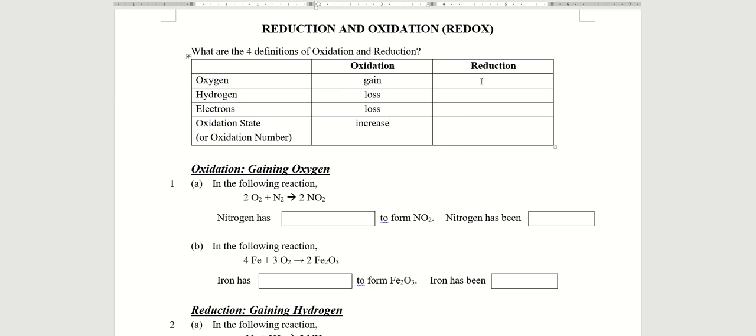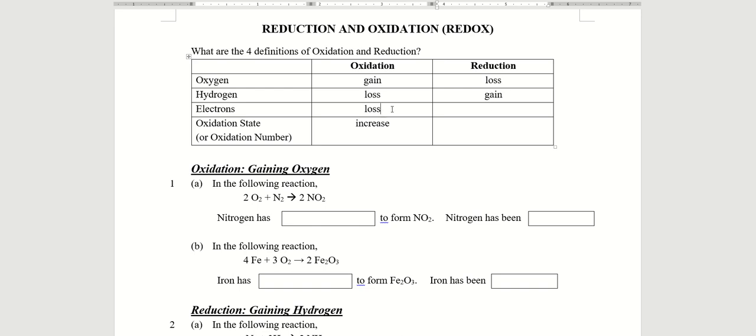Now reduction is the exact opposite of oxidation. So if oxidation is a gain of oxygen, reduction will be a loss of oxygen. Where oxidation is a loss of hydrogen, reduction is defined as a gain in hydrogen.